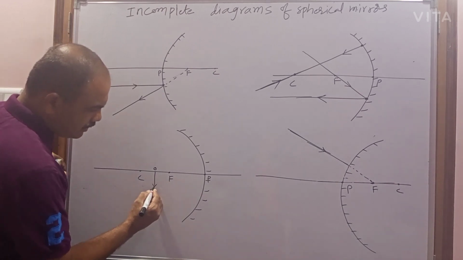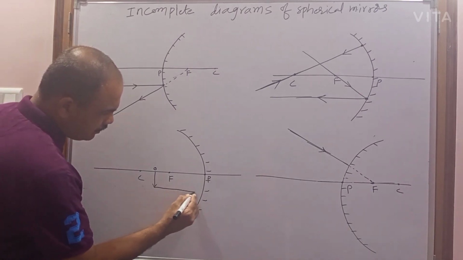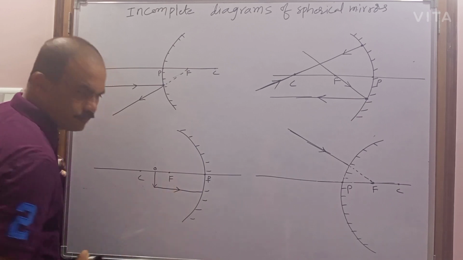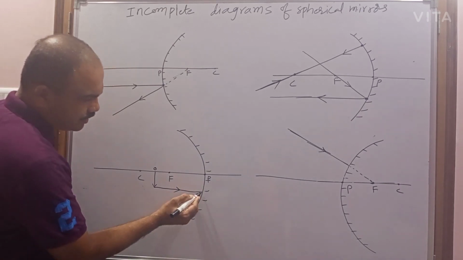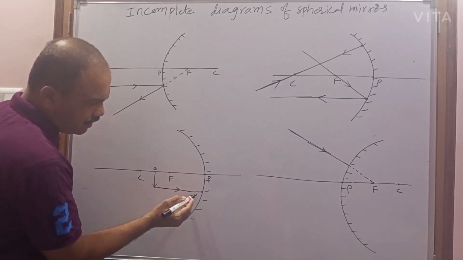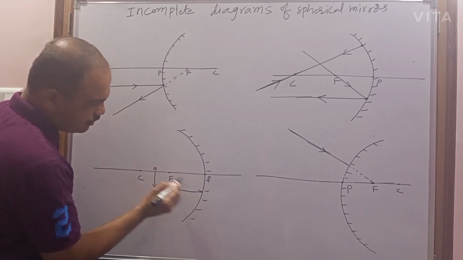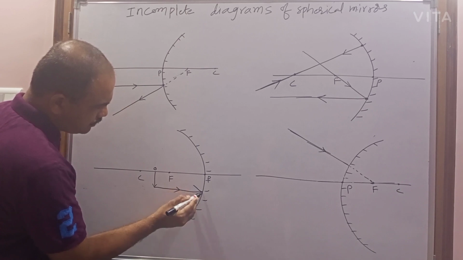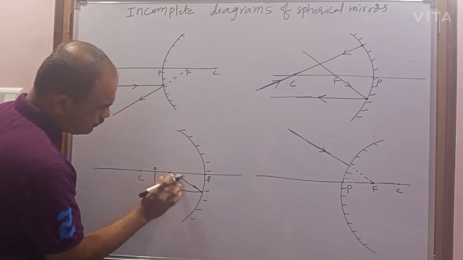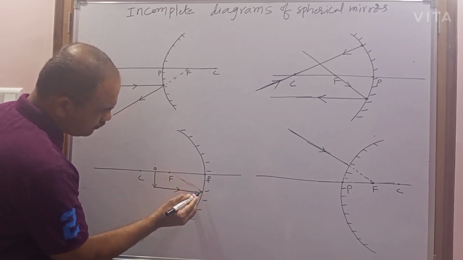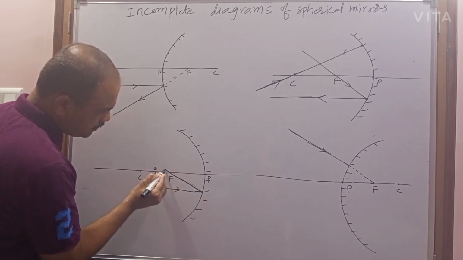First of all, select the one incident ray that is parallel to the principal axis. After incident on the concave mirror, the reflected ray of this incident ray will pass through the focus.